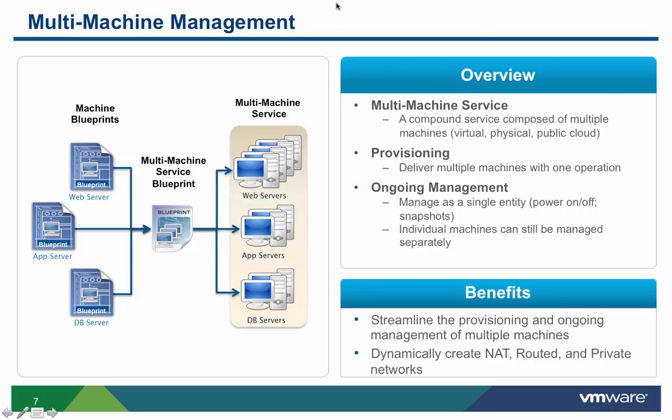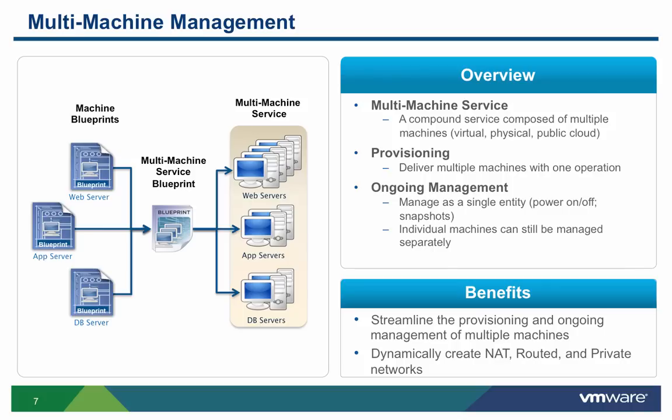During the request process, a user can request a variable number of machines of each type, or adjust the CPU, memory, and storage resources within the minimum-maximum thresholds defined by the administrator. As part of the provisioning of a multi-machine service, each machine is configured as well as the interaction between the machines.